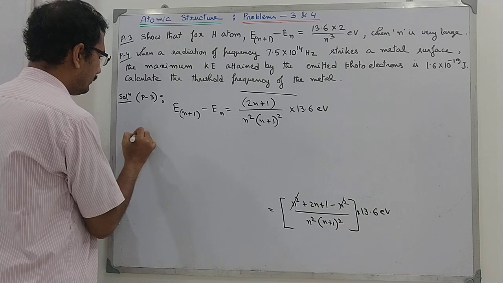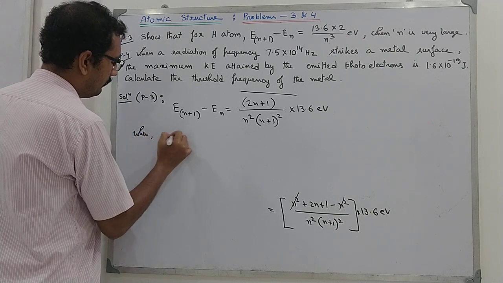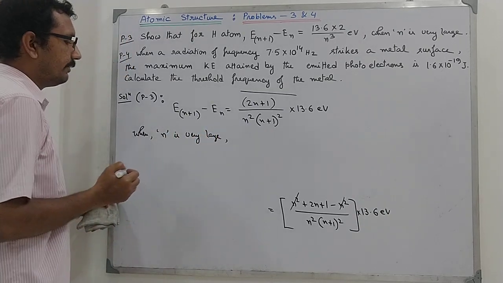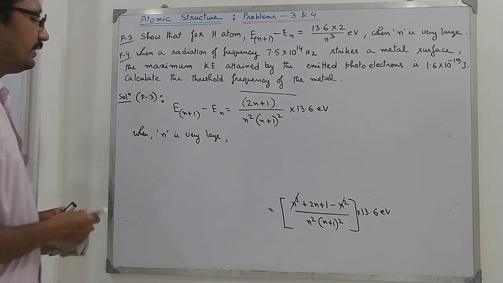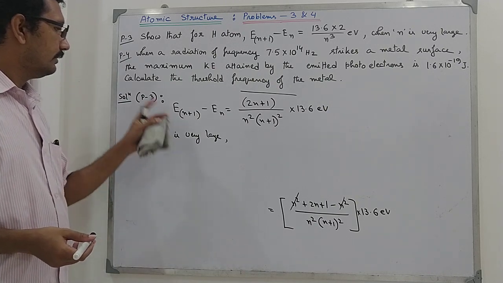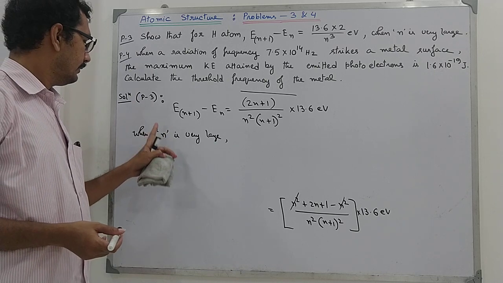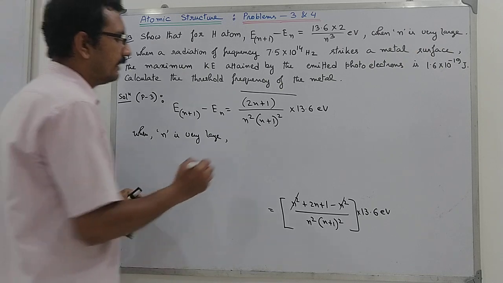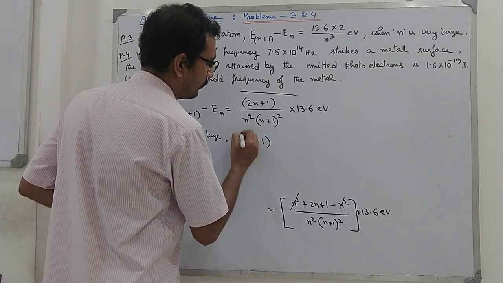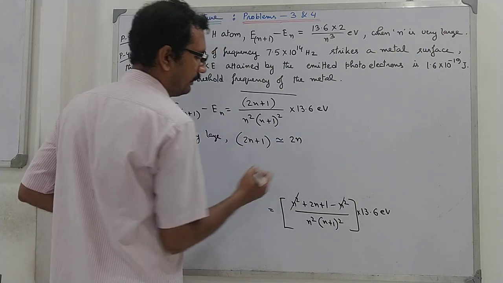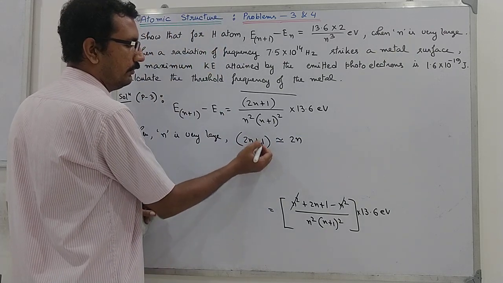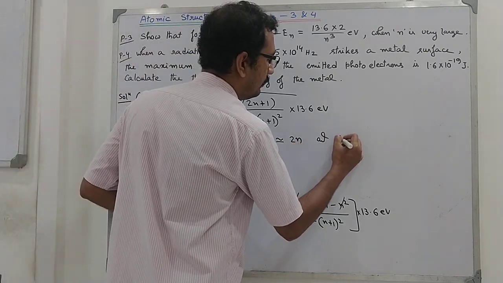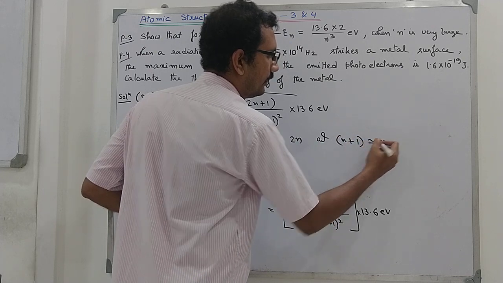Now when n is very large, that is the quantum number which represents the orbit of an atom where the electrons are placed, and when this principal quantum number n is very large, we can write this 2n plus 1 almost equal to 2n. n is very large, so we can ignore this 1 to a good approximation, and also we can write here n plus 1 almost equal to n.